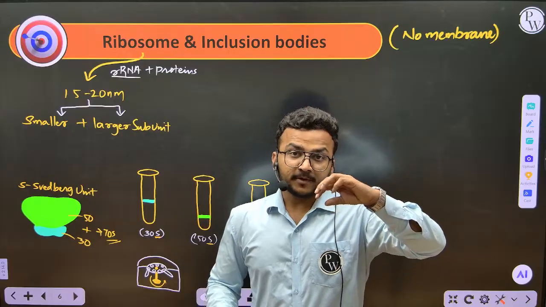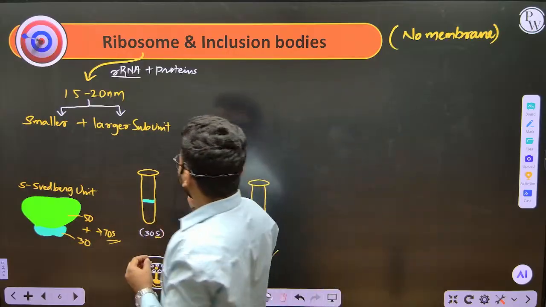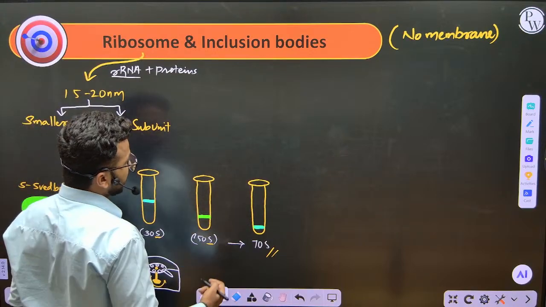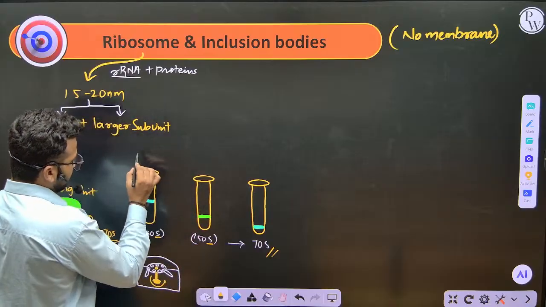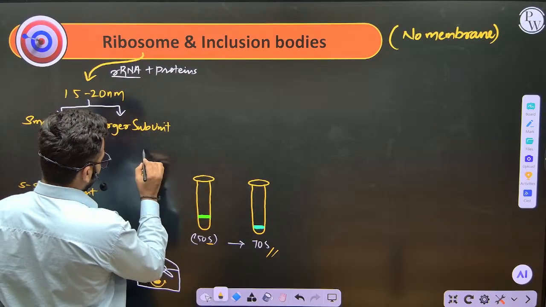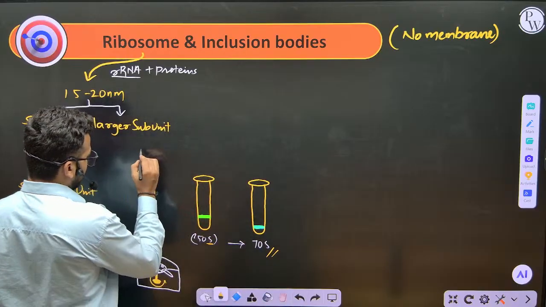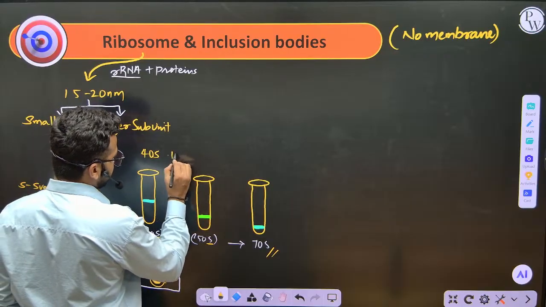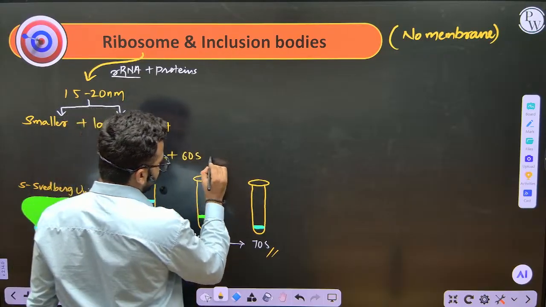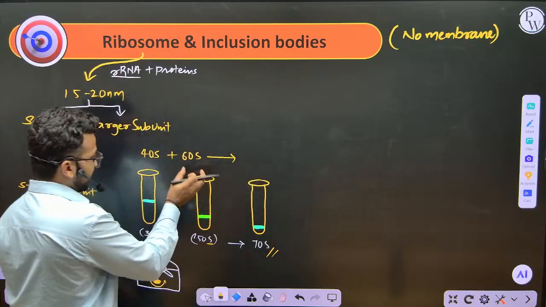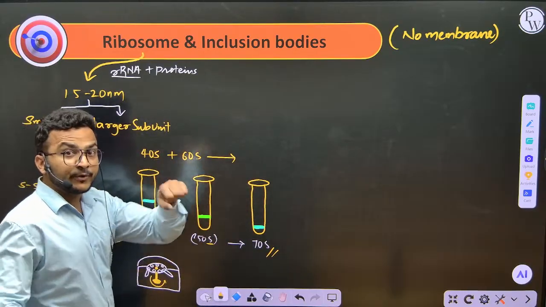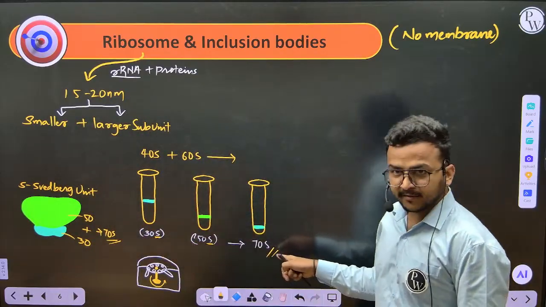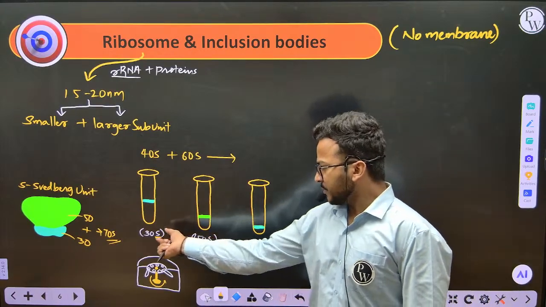When you take out the smaller subunit, add it in the test tube and centrifuge it, in the eukaryotic cell it shows 40S. The larger subunit shows 60S, and together they show 80S. I am talking about our cells or plant cells. This is in the prokaryotic cell, 70S. You need to remember this.